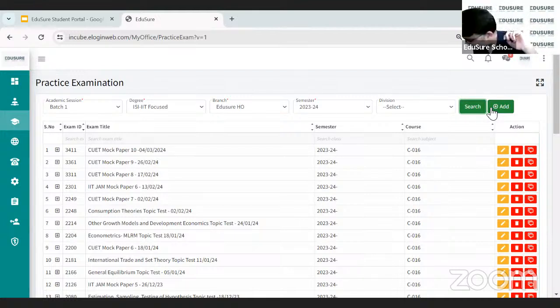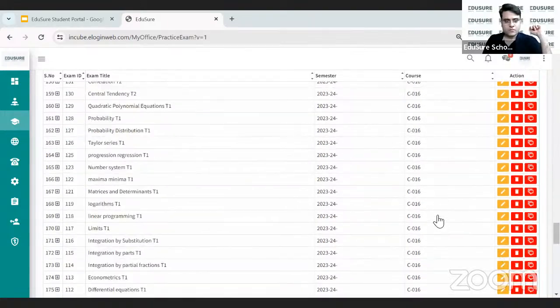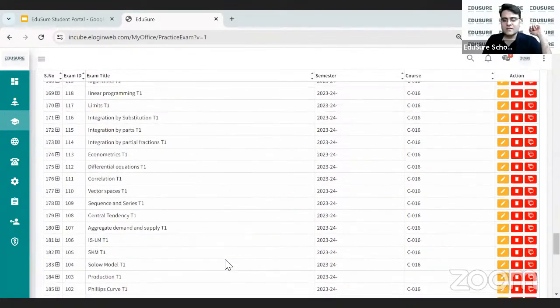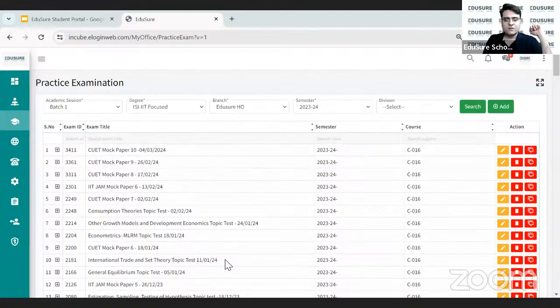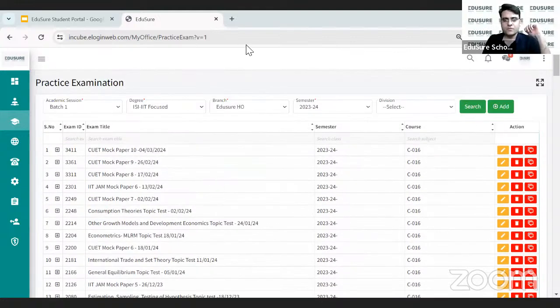There are so many more. Total, there are 217 mock tests that are available. There will be more put up before the ISI IIT. For IIT there are already a lot. Anyway, digressing. CUET.